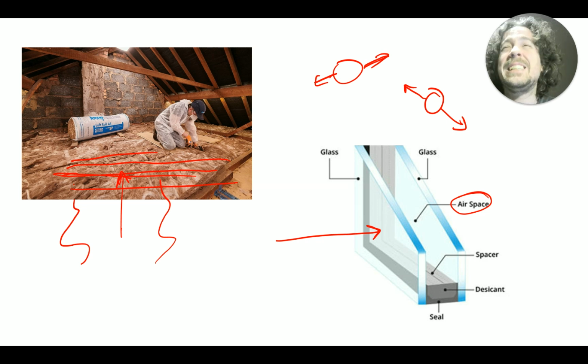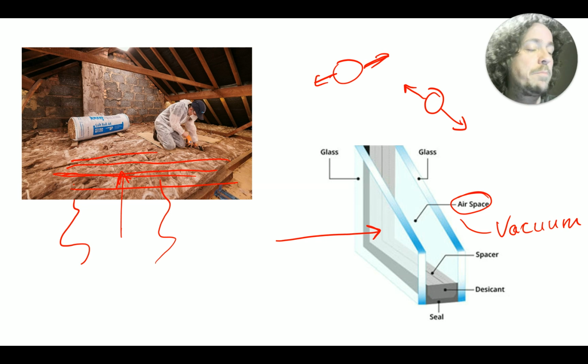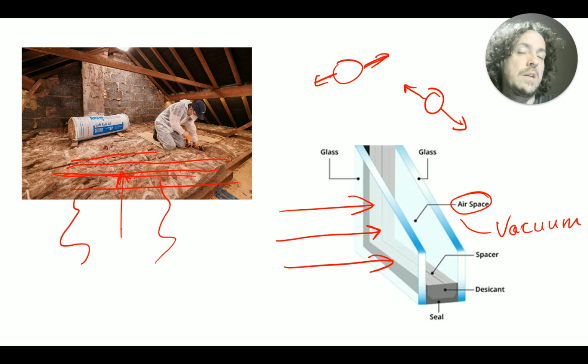And in reality, they don't even have an air space. It's a vacuum. They suck the air out from in between the two panes of glass. So there can be no convection, no conduction, and the only way heat energy can pass through them is by radiation. So they become very thermally efficient. It means that not very much heat is transferred through your windows if you have double glazing, for the reasons I just mentioned, okay?